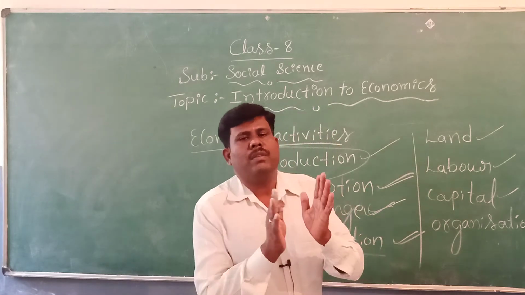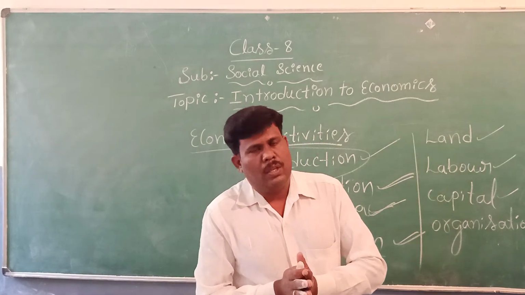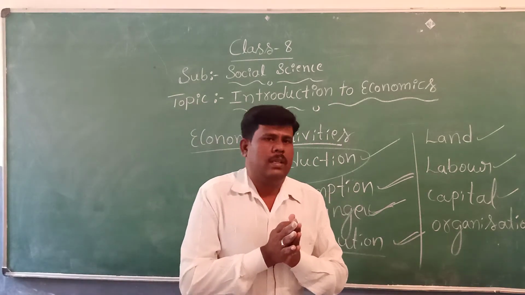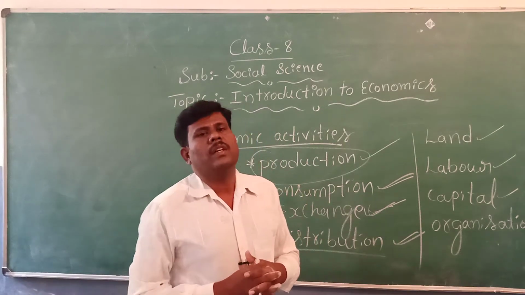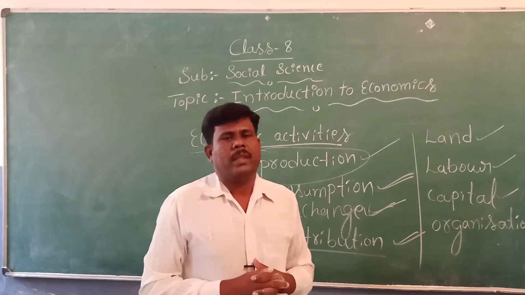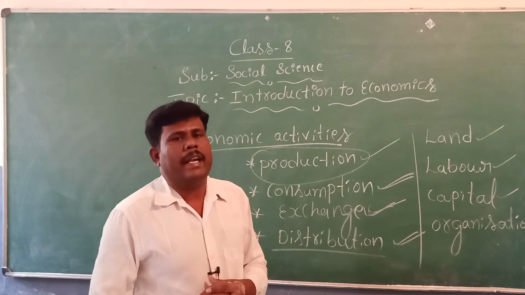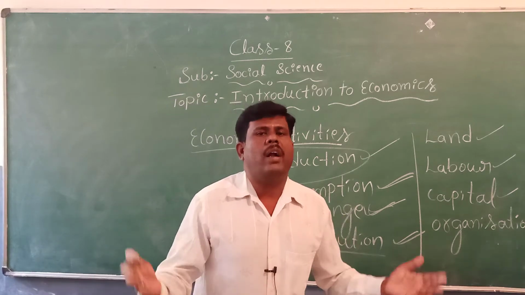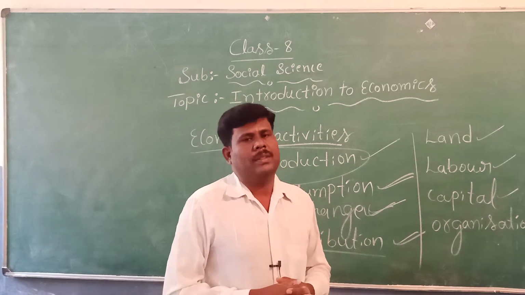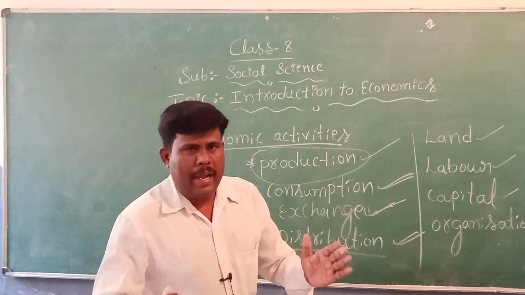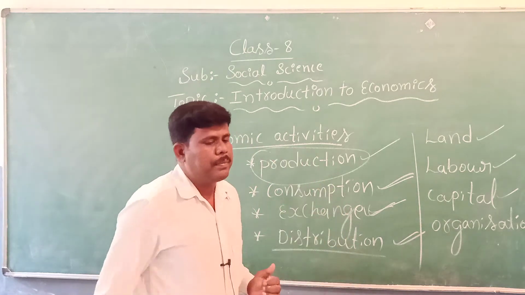All these activities are engaged in by human beings to earn money. That money will be used for satisfaction of the wants of the consumer. These are all called economic activities.